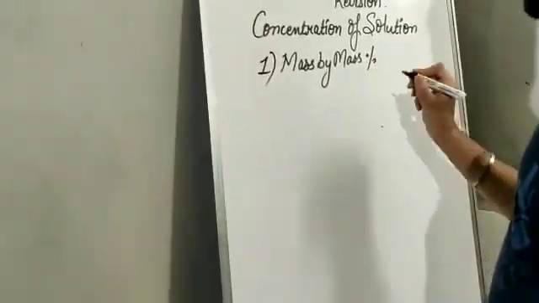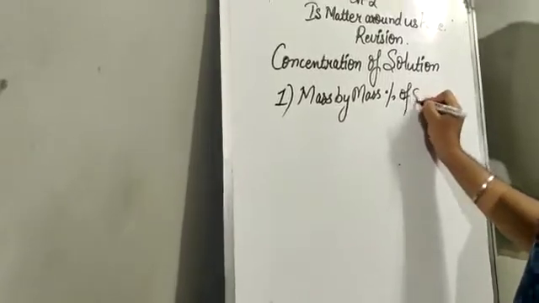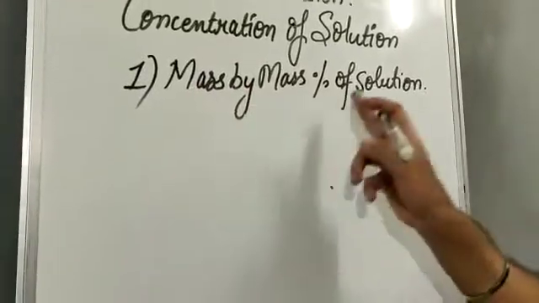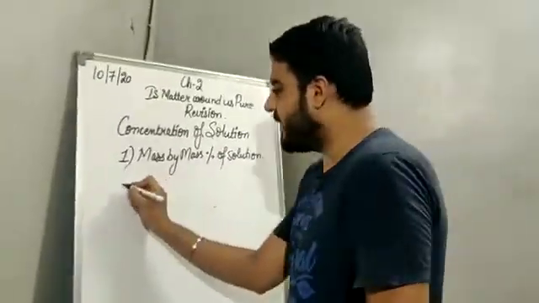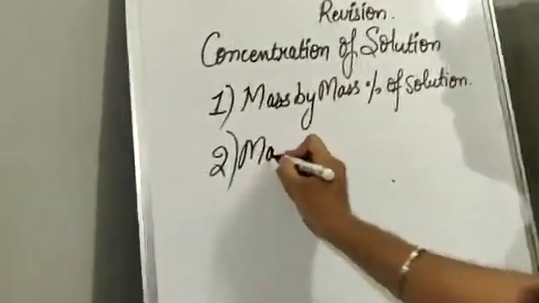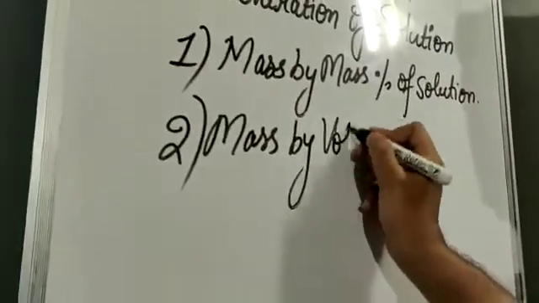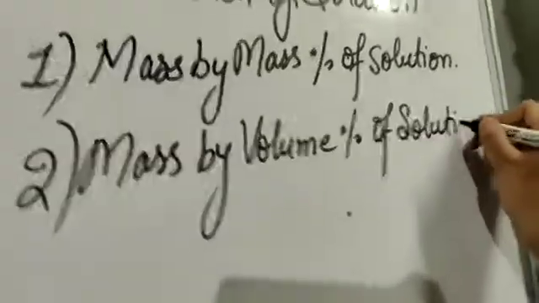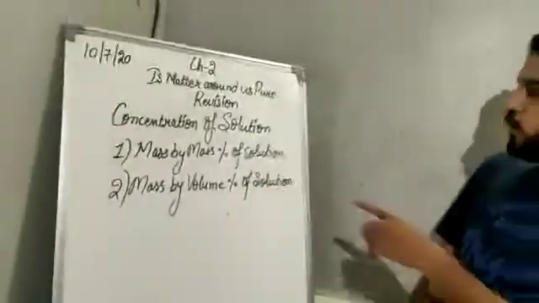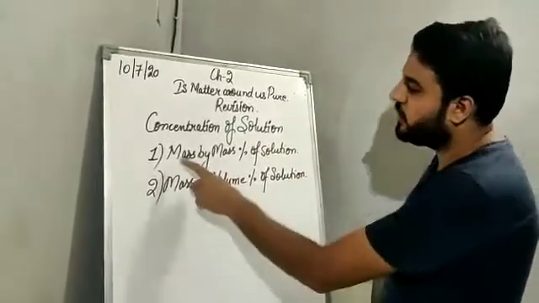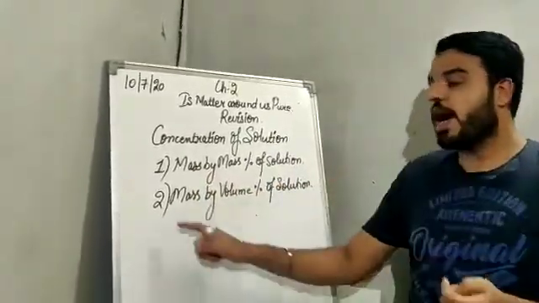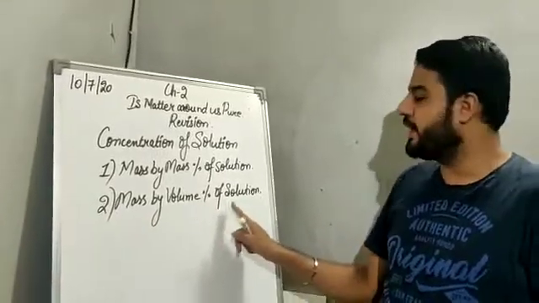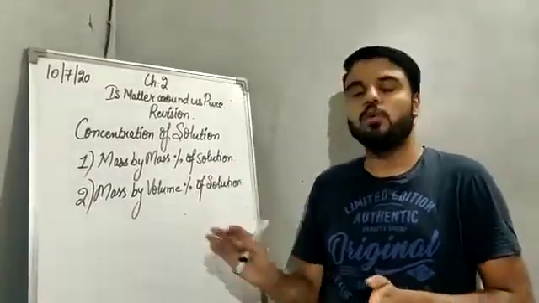The first one is mass by mass percentage of solution, and the second one is mass by volume percentage of solution. Now let us discuss these two one by one.